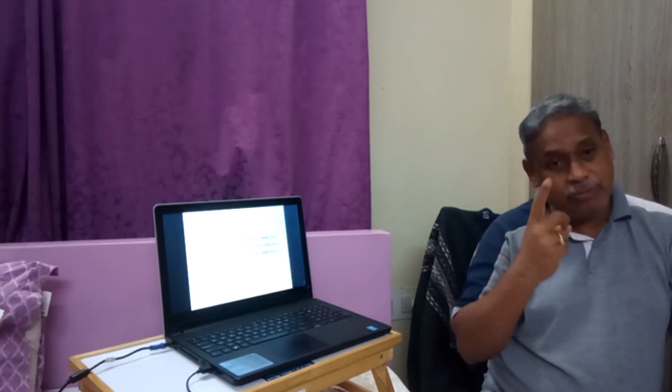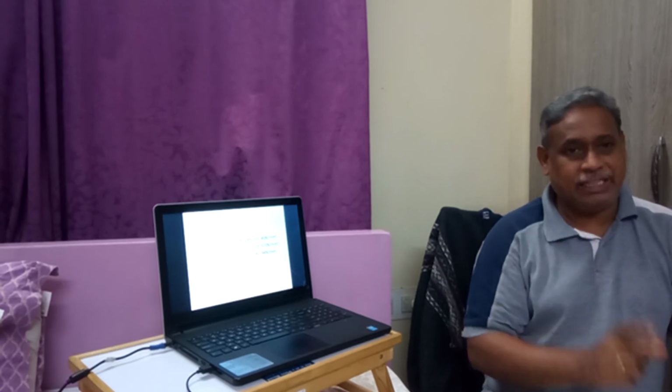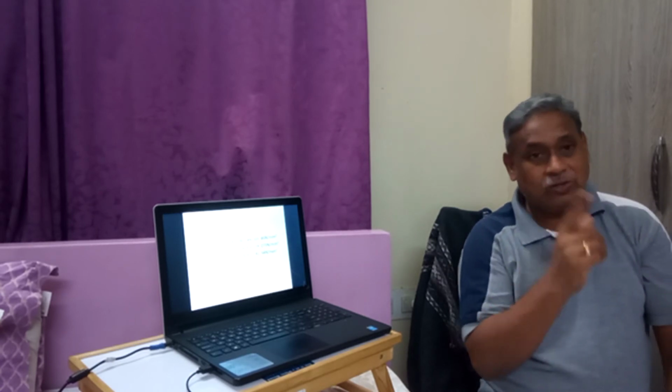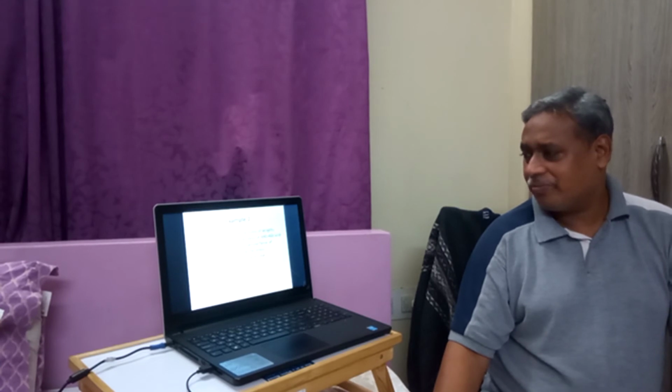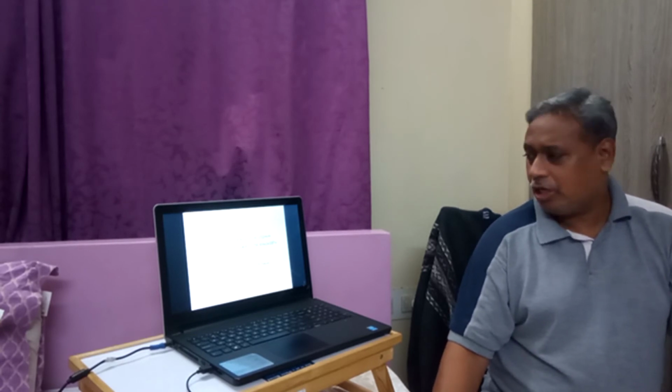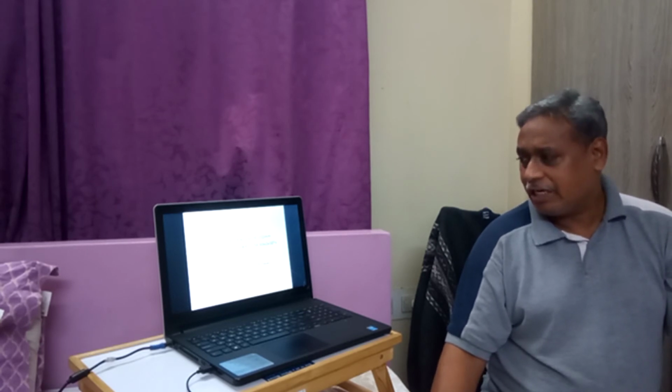But stress is proportional to strain, but not to the increase in length. So stress by strain is constant, but not stress and elongation. So elongation is dependent on stress and also the length. Because E is constant, delta L is a factor of P by A, the stress, and L, the length. Here stress is dependent on area.